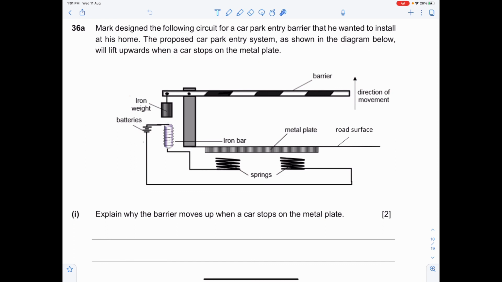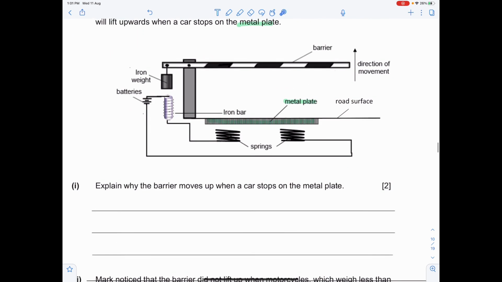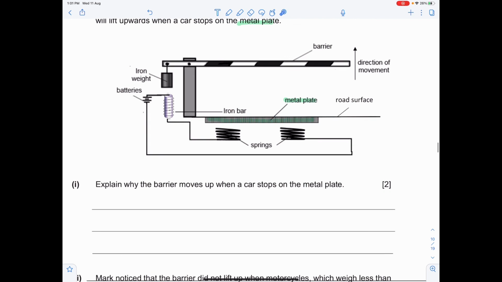For this question, Mark designed the following circuit for a car park entry barrier that he wanted to install at his home. The proposed car park entry system, as shown in the diagram below, will lift upwards when a car stops on the metal plate. First thing, we have to identify important things. This is your metal plate. When something goes on your metal plate, this barrier will be lifted upwards. Let's see what happens. The question asks, explain why the barrier moves upwards when the car stops on the metal plate.